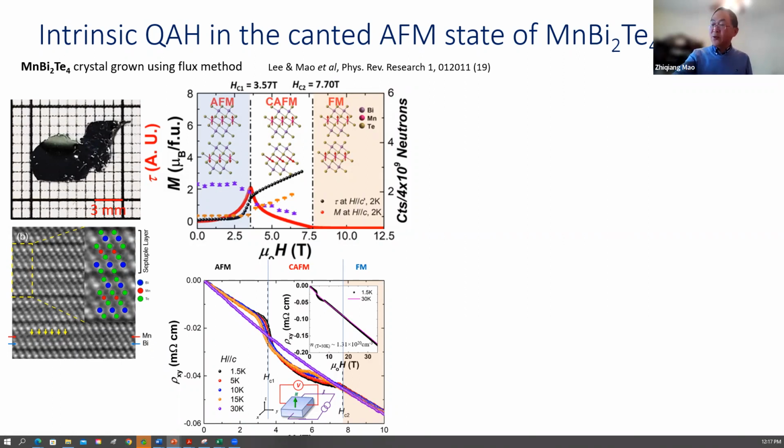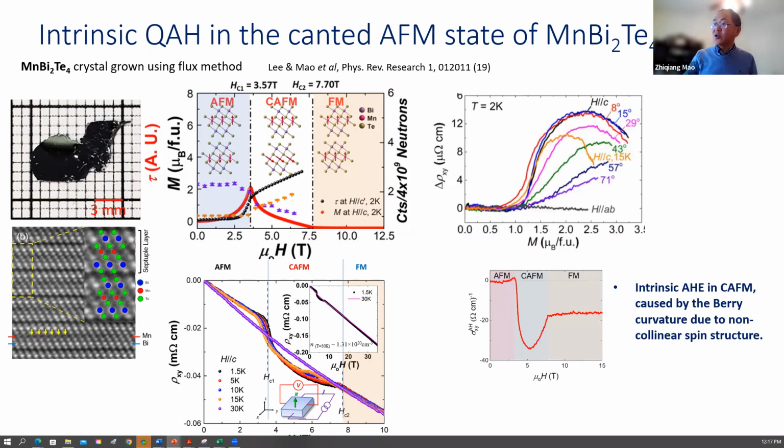By subtracting the conventional Hall contribution, we can extract the anomalous Hall resistivity. And then we plot it as a function of magnetization, so we can see it is not a linear dependence, right?